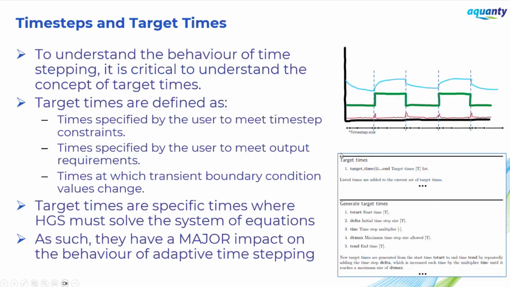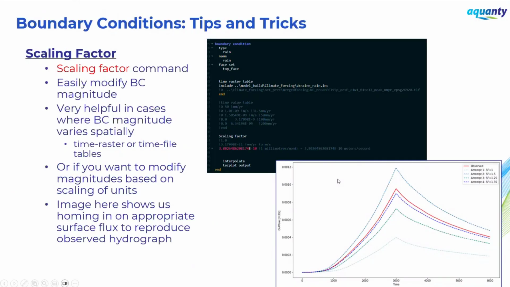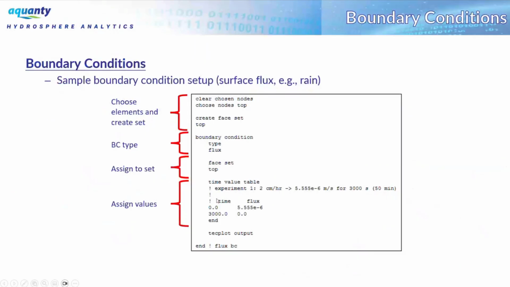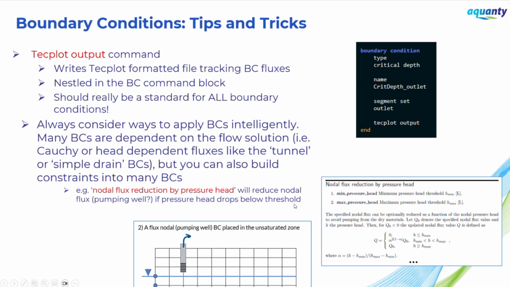So target times are points in time where your boundary condition changes in value. So your time value tables, if I go back to the boundary conditions here, any time listed in a time value table automatically becomes a target time.